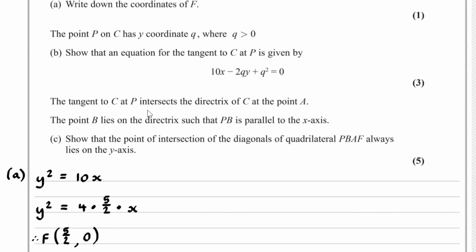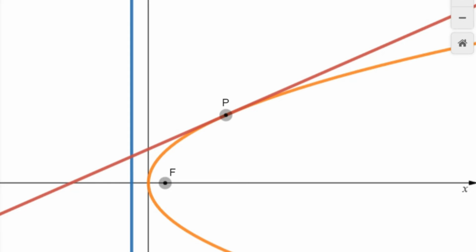Now, the tangent to C at P intersects the directrix of C at the point A. The point B lies on the directrix such that PB is parallel to the x-axis. We have to show that the point of intersection of the diagonals of quadrilateral PBAF always lies on the y-axis. Now, the first thing, this tangent intersects this directrix at the point A, which is what we see here.